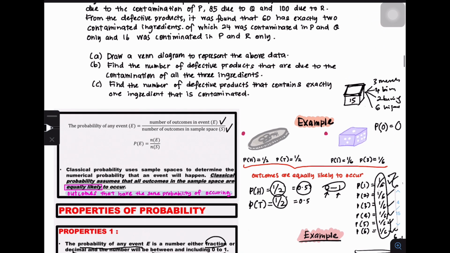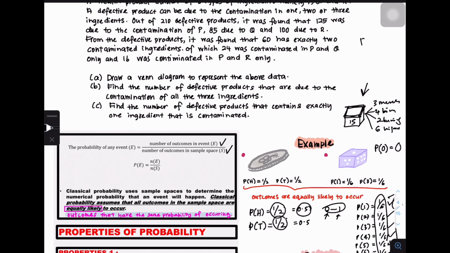So, katakan dalam case bola dalam kotak ni tadi, okay, probability kita dapat bola warna merah adalah 3/15. Sebab total dalam sample space ada 15. Probability kita dapat bola warna biru adalah 4/15. Probability kita nak dapat bola warna kuning adalah 2/15.